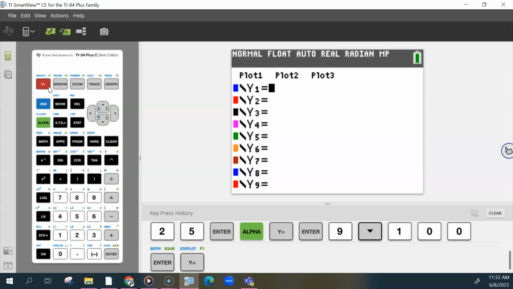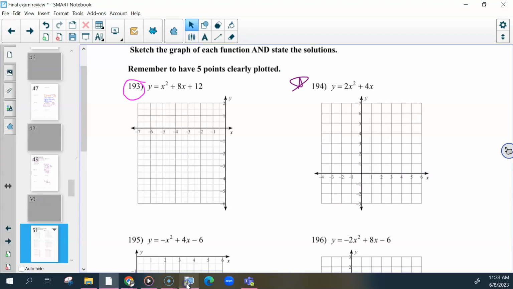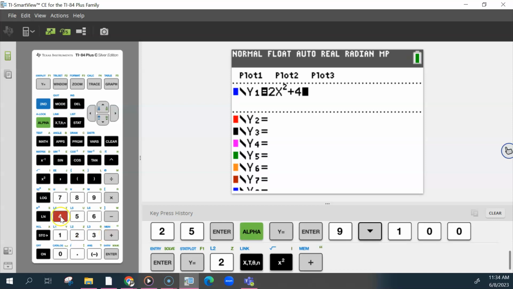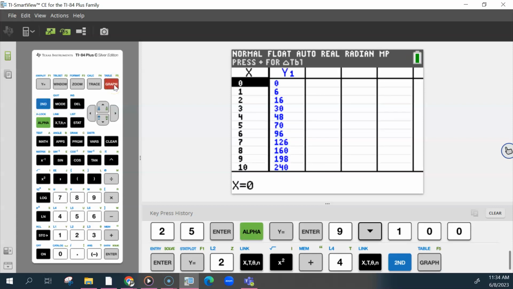If there's anything in there, clear it out. Type in your equation, 2x squared plus 4x. Go into your table, second graph, and you're looking for where your y values repeat.